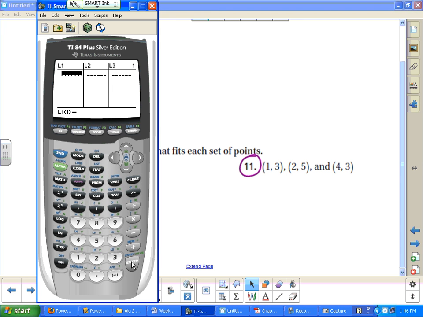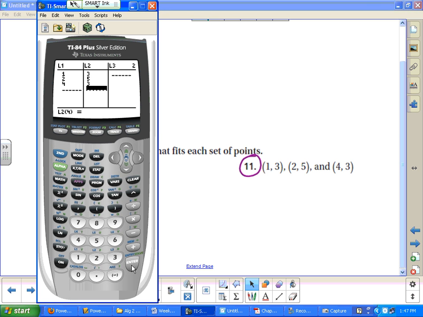All right, make sure your lists are clear. What goes in list 1? Okay, the x values go in list 1, so we're going to put 1, 2, and 4 in there. What about list 2? All right, the y values, so 3, 5, and 3. Okay, and they've got to be in the same order to make sure those points match.